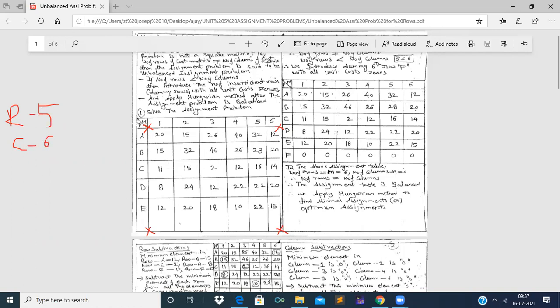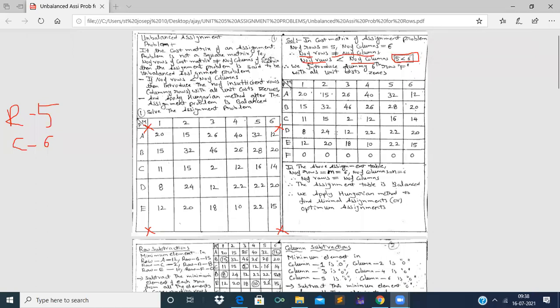That is what we have written here. The number of rows are not equal to number of columns, and the number of rows are lesser than number of columns. That is, 5 is lesser than 6. Therefore, the given assignment problem is unbalanced. So we introduce a dummy sixth row F, in which all the costs are zeros.